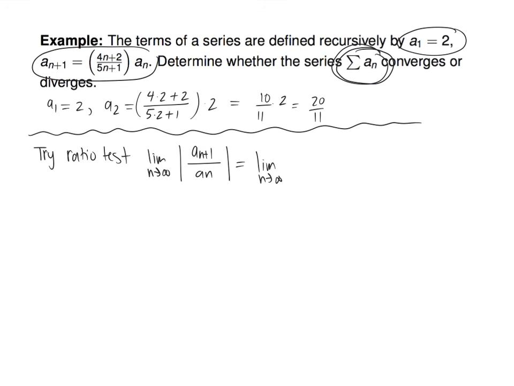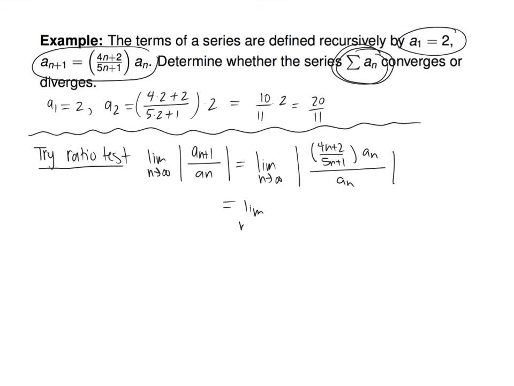Well, does it really? Do you know what a_(n+1) is equal to? Yes. What is it? (4n+2)/(5n+1) times a_n, right? All that divided by a_n. Oh, look at that. That wasn't so bad, right? Stupidly easy.